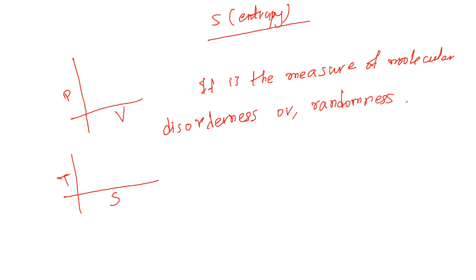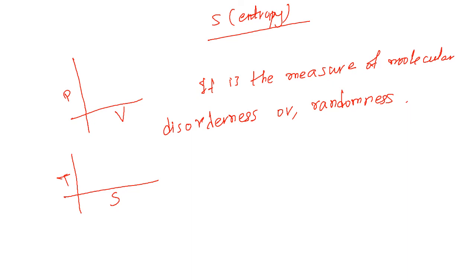It measures how random the molecules are, how fast they are moving in random order, moving here and there. It measures that degree: what is the level at which they are moving here and there, moving randomly.